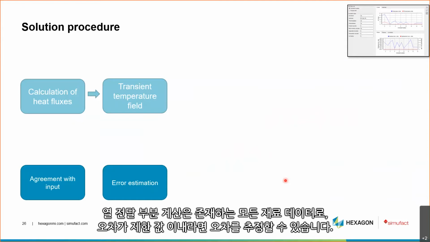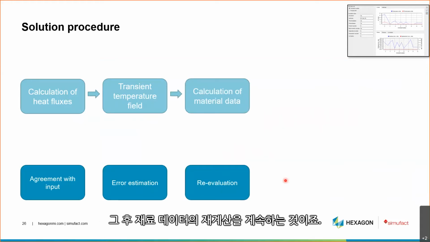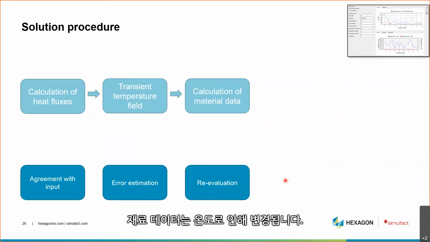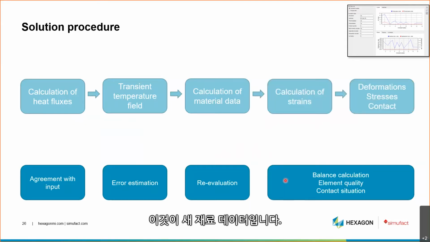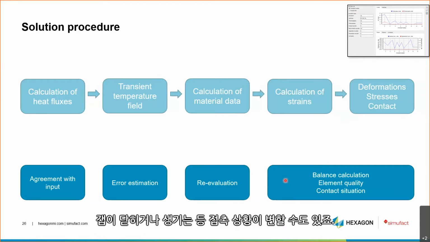If the error is inside the limit, then we continue with recalculation of material data. Material data changes due to temperatures. With this new material data, we calculate strains. So we start, of course, with thermal strains, and out of them, they induce basically deformation stresses, maybe changing contact situation. A gap might close or a gap might open up.